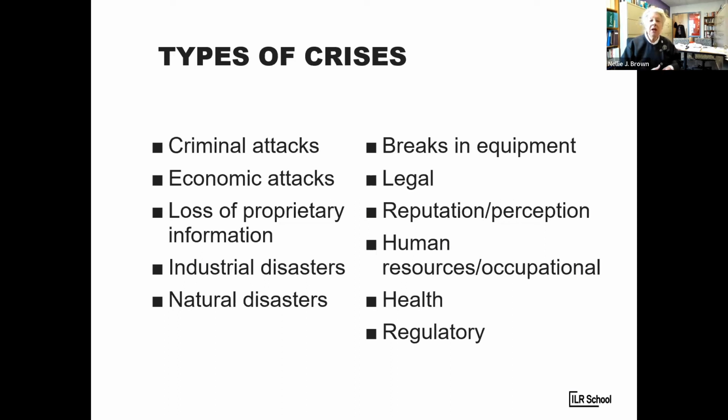Now, when it comes to human resources and occupational, think about this. Would people in your workplace ever complain about being bullied or harassed or discriminated against? Keep in mind, people sometimes engage in activities of this nature, and the people affected may file grievances, or they may try to use workers' compensation, experiencing stress, high blood pressure, and so on.